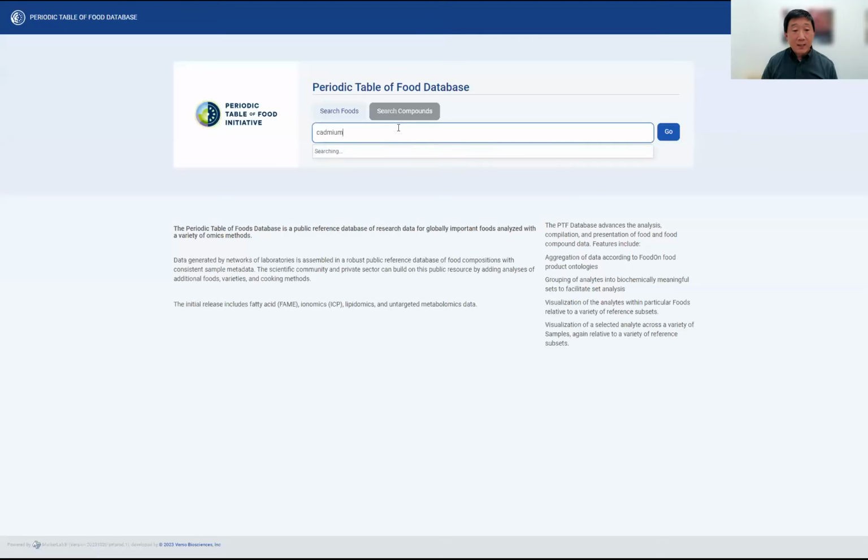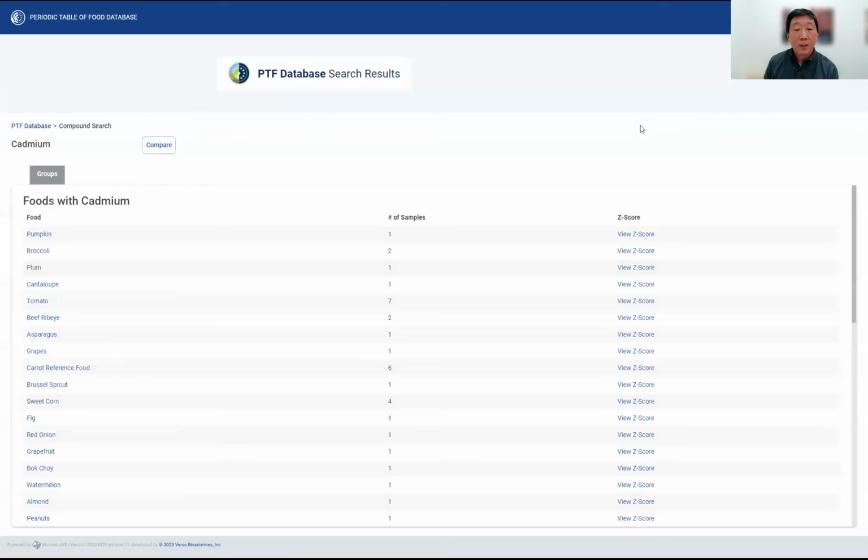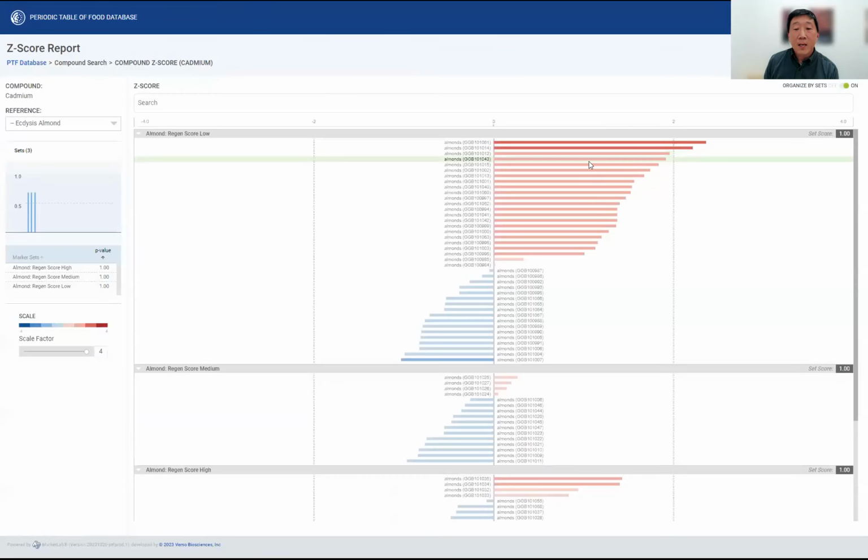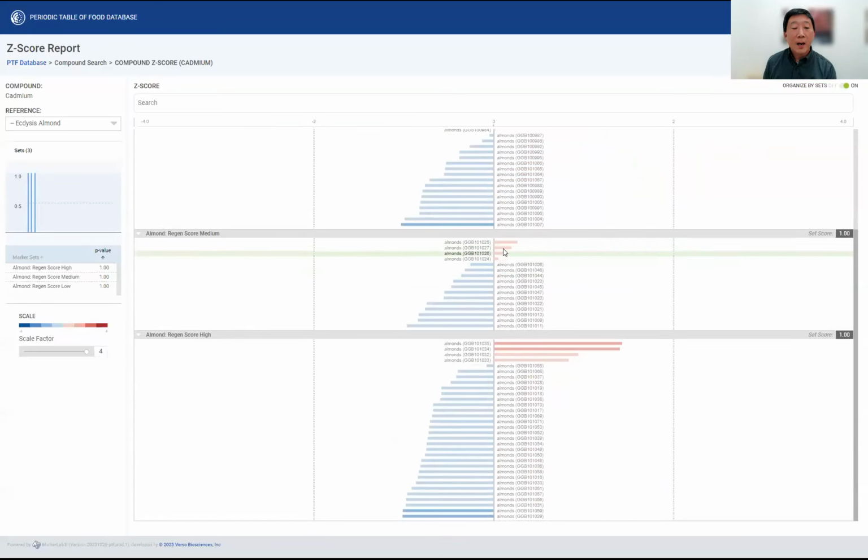Taking just one last example, cadmium, another toxic heavy metal. In this case, you see that, again, the low experimental group actually has more samples that have greater cadmium content. And the medium and high also each have several samples that are higher than average.